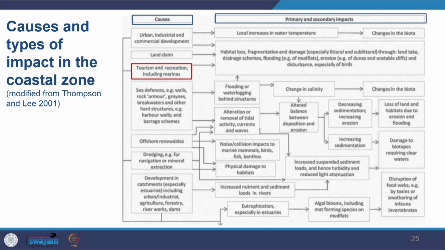Then looking at the problems associated with tourism and recreation, you must have traveled to a lot of places and coastal areas which are very popular as tourist destinations. So you would see that there's a lot of direct impact where more and more visitors come, and it really affects the sensitive ecosystem, and it also affects the sand dunes in particular.